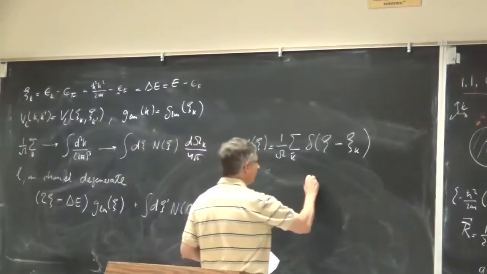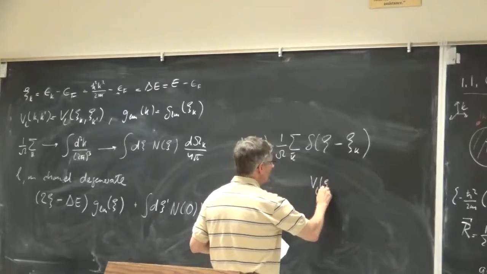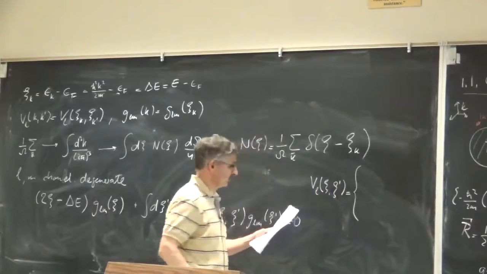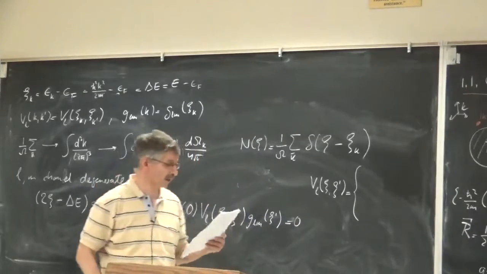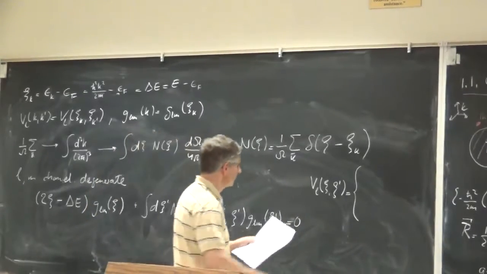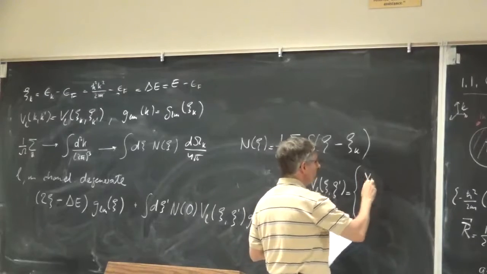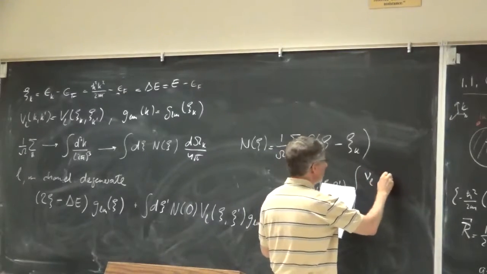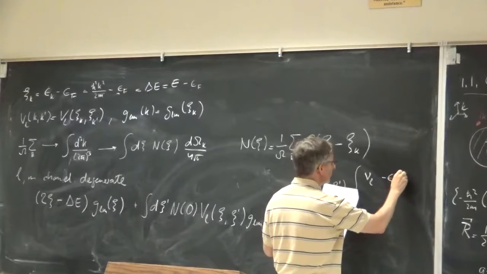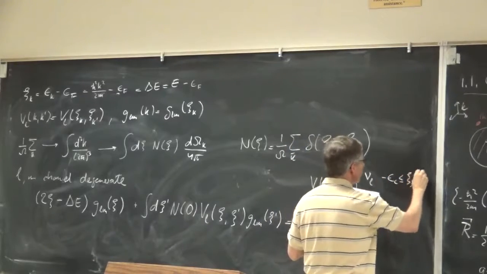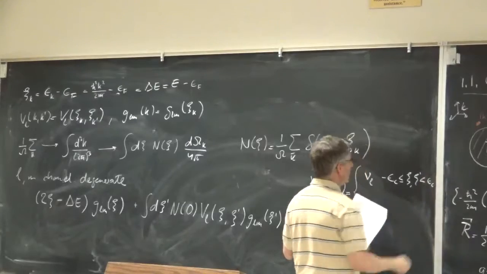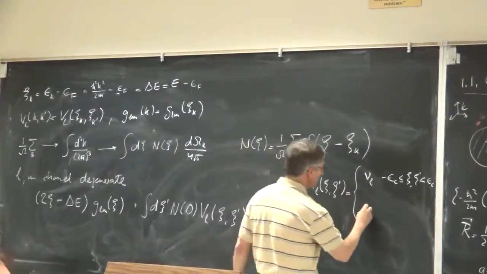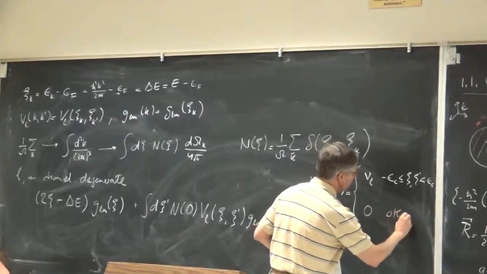And V_L of psi prime shall be restricted to a region very close to the Fermi energy only, and so we call this small nu L minus, because this is finite if xi and xi prime are in a range restricted by a cutoff energy and 0 otherwise.